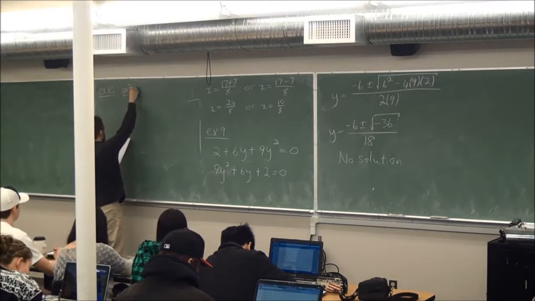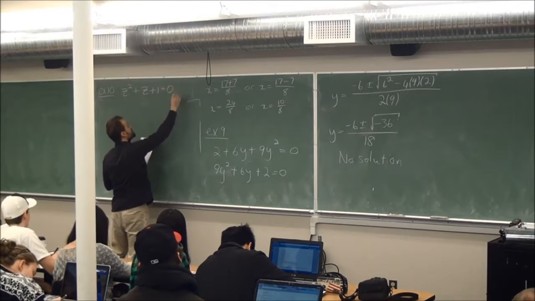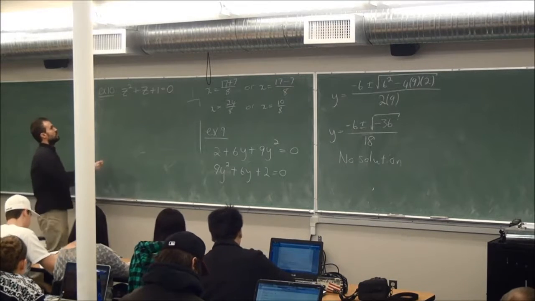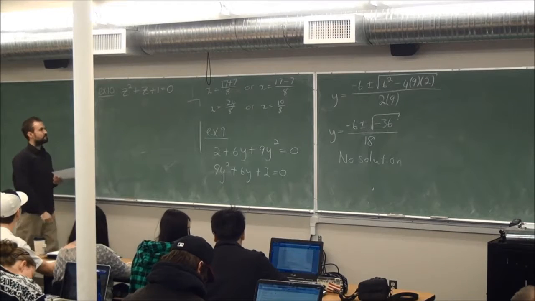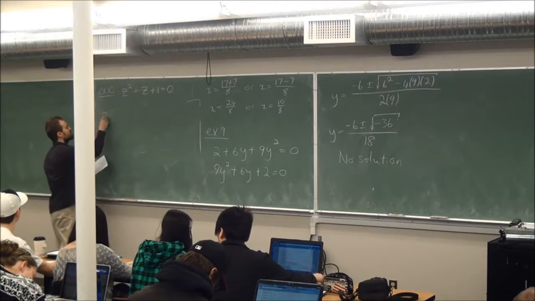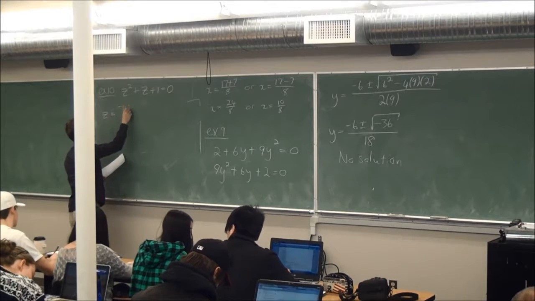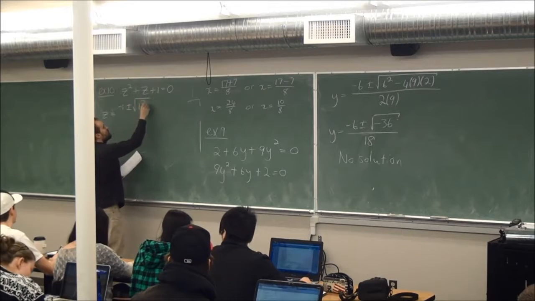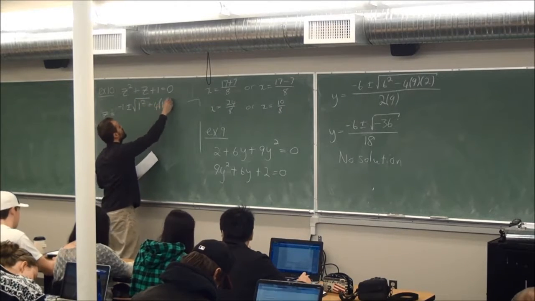Z squared plus Z plus 1. Using the quadratic formula to practice. Well, there's no hope of factoring that anyway, so don't have a choice. Negative b plus or minus square root of 1 squared minus 4 times 1.